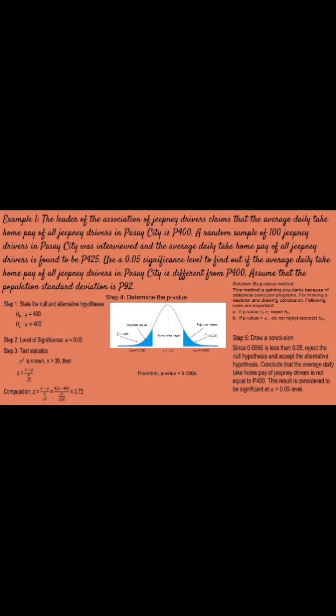Second, we're going to look at the computed z-value. The computed z-value is 2.72 and we're going to find the corresponding value on our cumulative probability table. So we're going to find the row z. We look at the first two digits, which is 2.7. Then find the column with the heading 0.02.